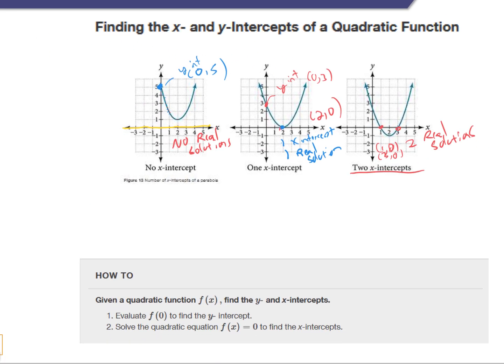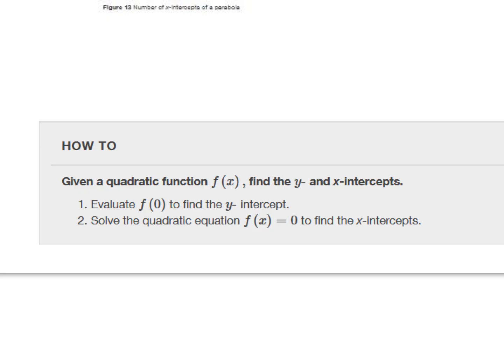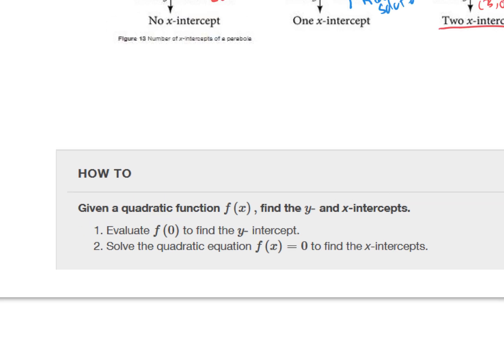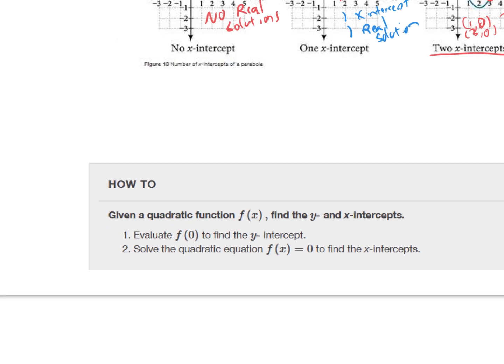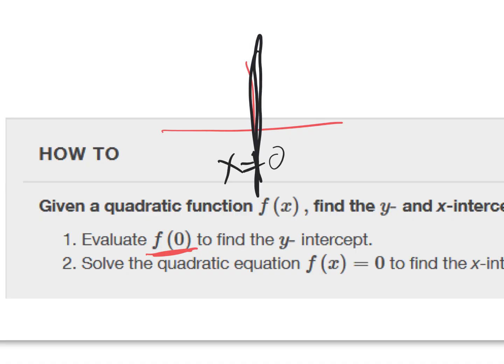What will I do with this? Let's see. Given a quadratic, find the x and y intercepts. Well, it's the same thing when you're looking at it. If you're finding the y-intercept, find out what f of 0 is. Find out what happens when the function crosses where x equals 0.